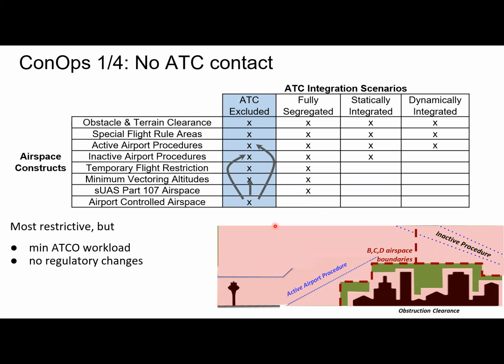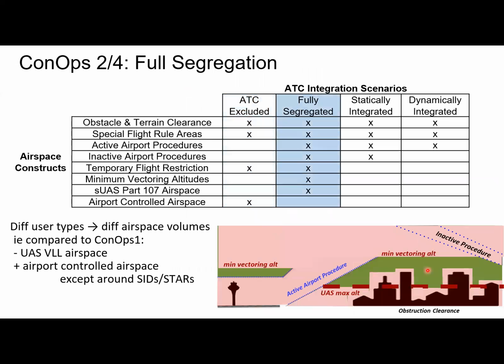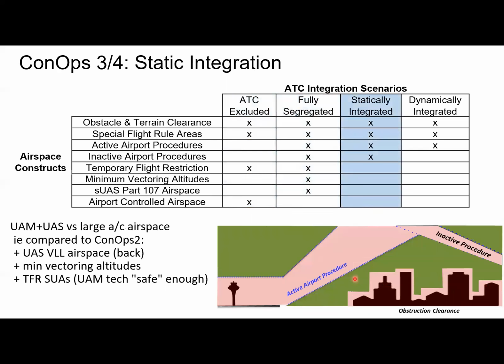So here are the pictures of the 4 concepts. The first one basically says the UAM should just fly in the very low level airspace and nowhere else. We might also consider full segregation, when the UAM, the flying taxis, will be flying above the very low level airspace, and the aircraft will fly along their procedures, but they will stay separated from the drone traffic.